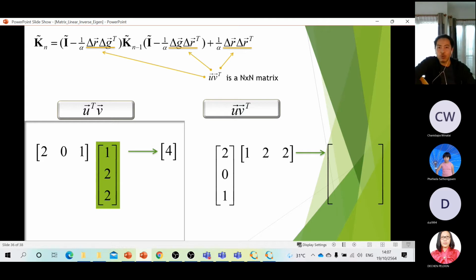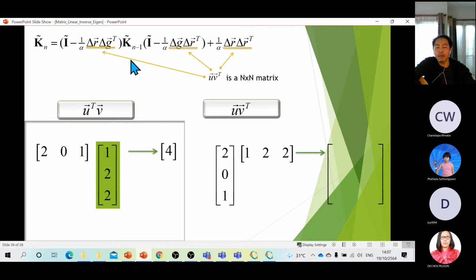What about this strange symbol here? We have a vector multiplied by a vector transpose, and a vector transpose times a vector. What are these things?